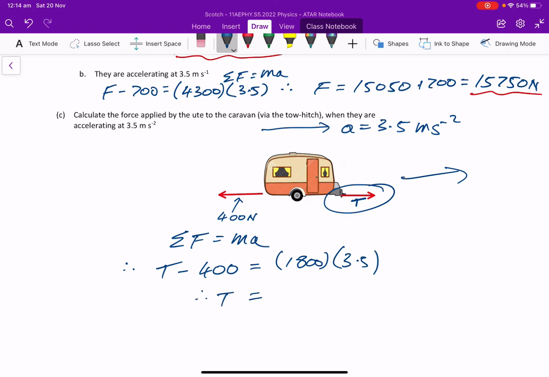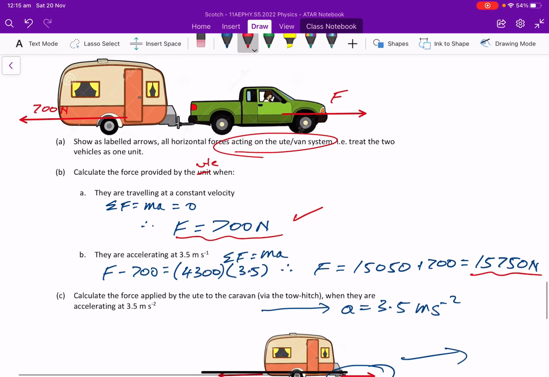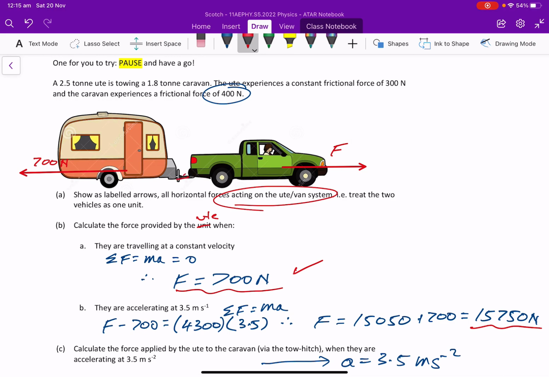So tension is 6,300 plus the 400. If there was no friction, the force would be 6,300 newtons, but there's also the force of friction that needs to be overcome, and that's 6,700 newtons.